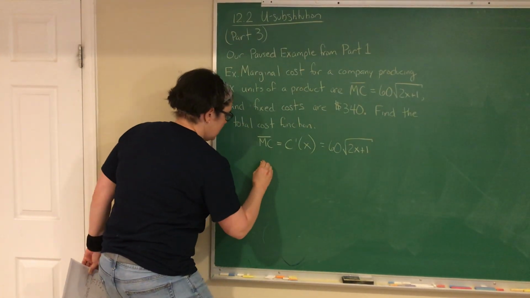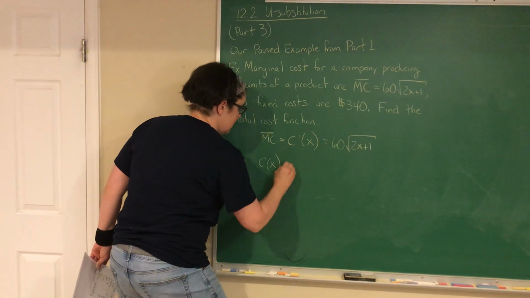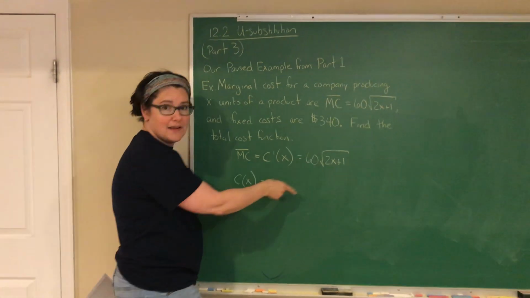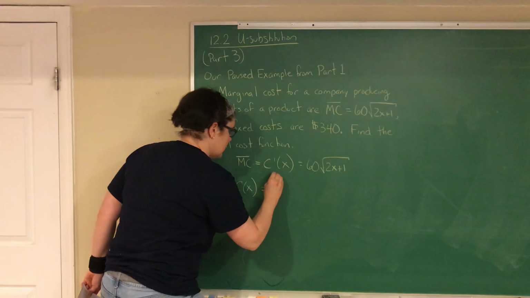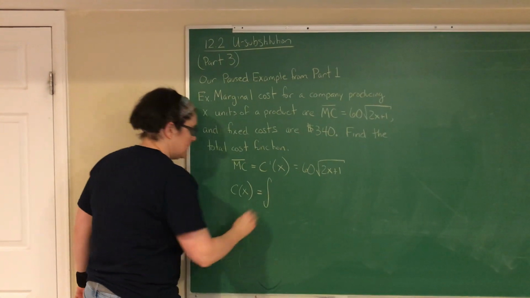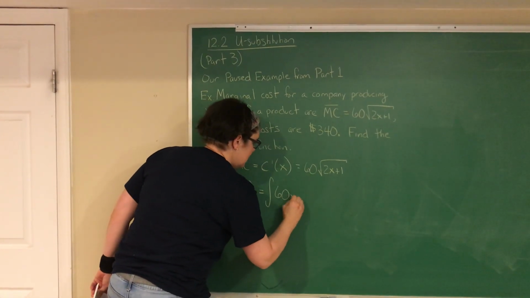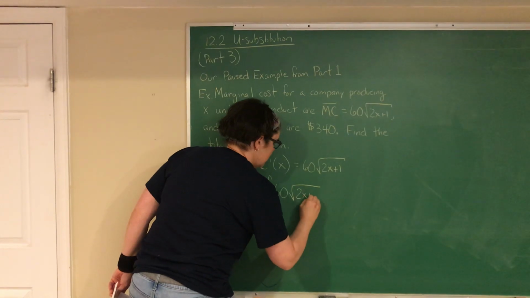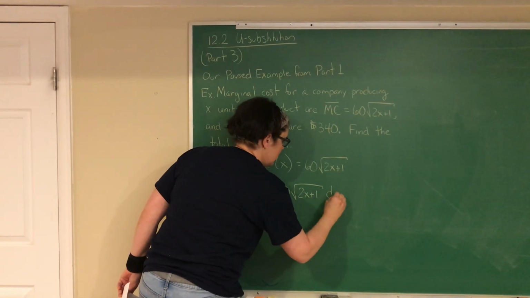So if we want to find the total cost function, that means we want to find the antiderivative of the marginal cost function. So we want the integral of 60 times the square root of 2x plus 1 dx.